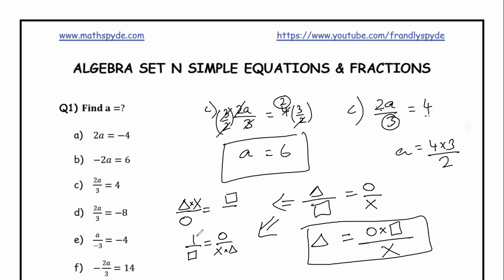Now you got to flip the left-hand side. If you flip the left-hand side, you get square over 1. And if you flip the left-hand side, you got to flip the right-hand side as well. So you got X into the triangle. Got it? And the circle will come down. Now see this outcome and see this outcome. It's one and the same.